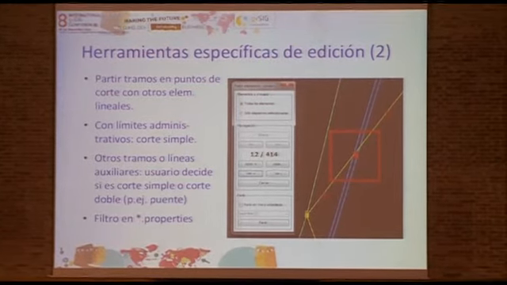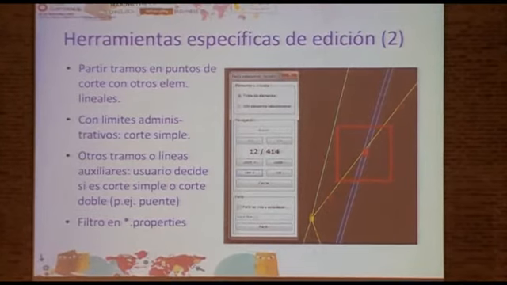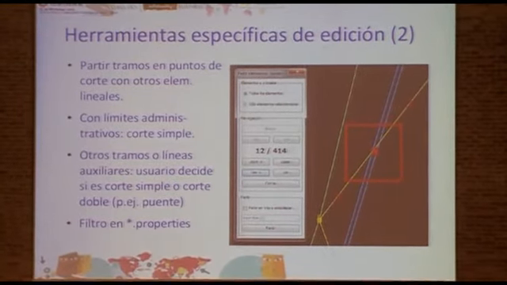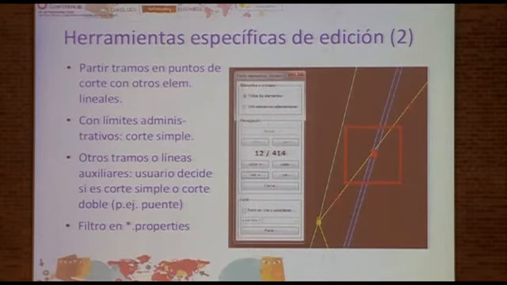Another characteristic that we have implemented is that we divide the different sections where they are divided by other elements. We are trying to find the points where the sections are divided by other elements, so the user can jump from one case to another, knows exactly where, and can decide what to do.